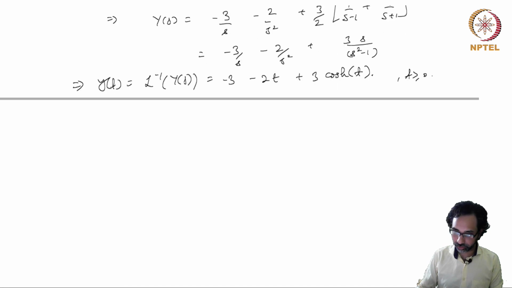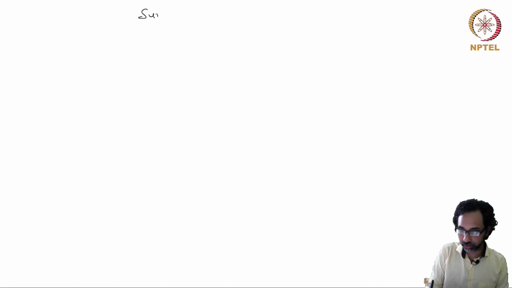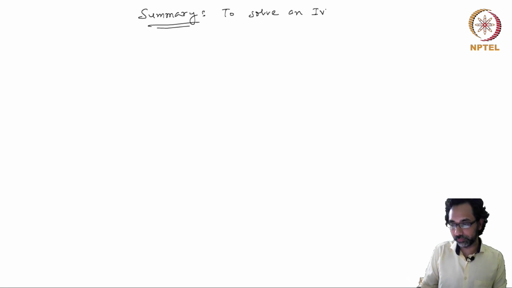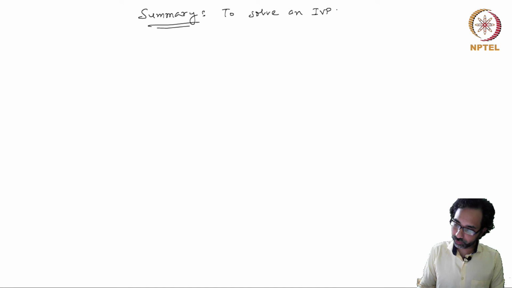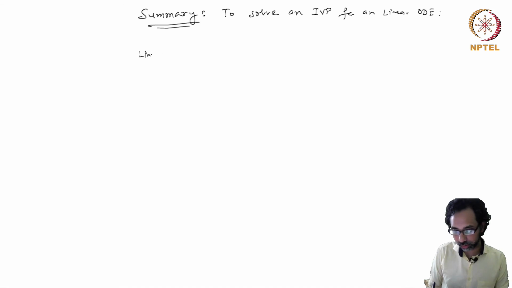So let me summarize the general method. To summarize, this method is to solve an initial value problem for a linear ODE. So you start with a linear ODE with given initial conditions.